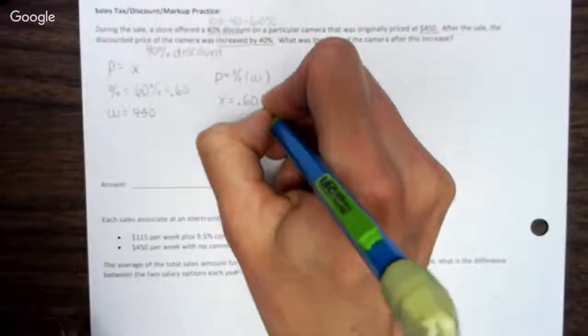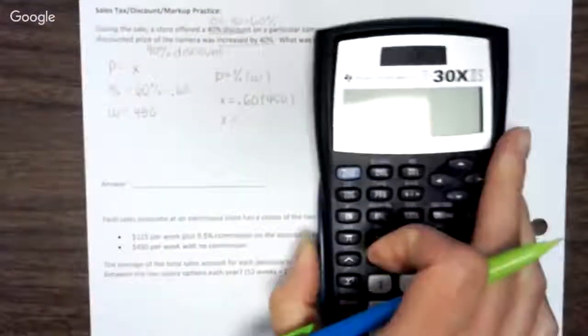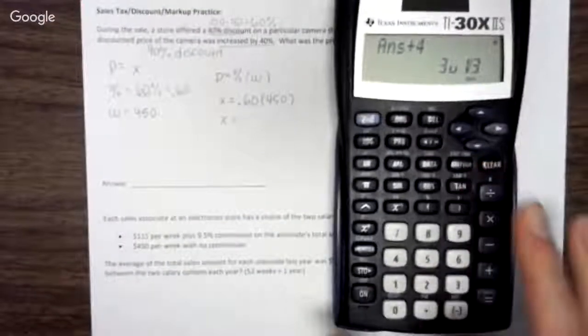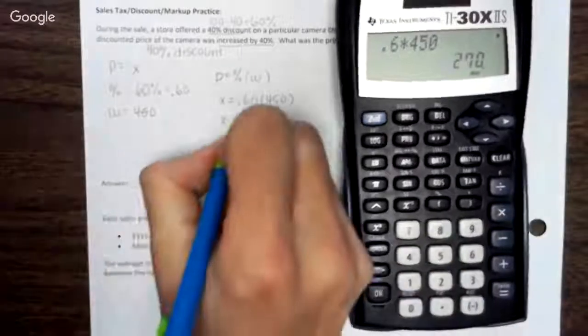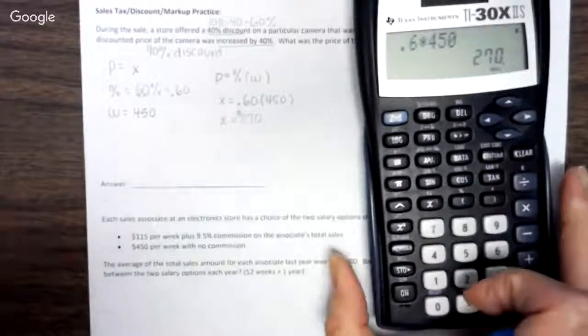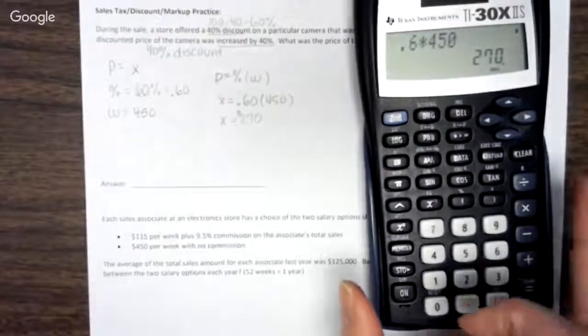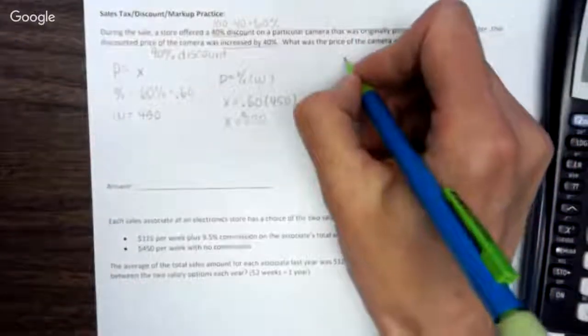So X is equal to 0.60 times 450. So I'm going to bring my calculator in here. So 0.6 times 450 is $270. So that's after the decrease in price. So now let's look at the increase in price.